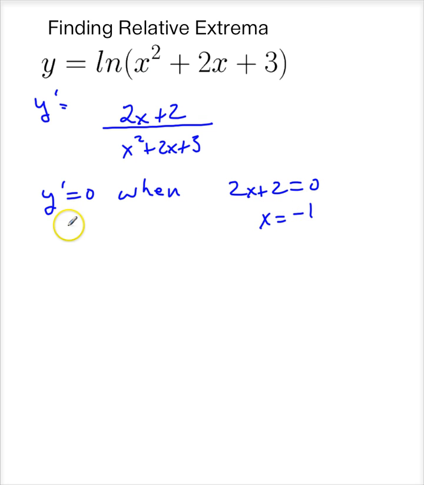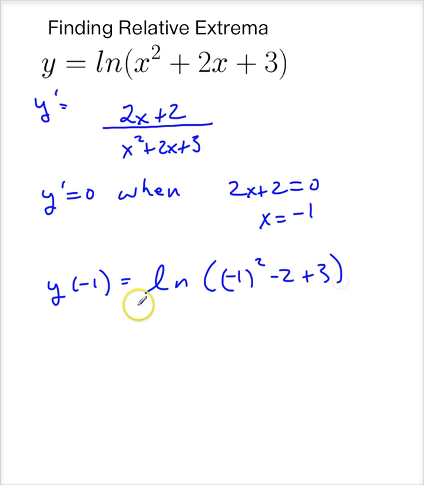So for the extrema, y at negative 1 is the natural log of (negative 1 minus 2) squared plus 3. So this is the natural log of 1 plus 3 is 4 minus 2. All right, so I have an extrema at negative 1, log of 2.